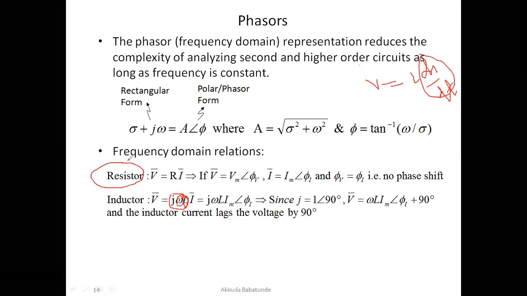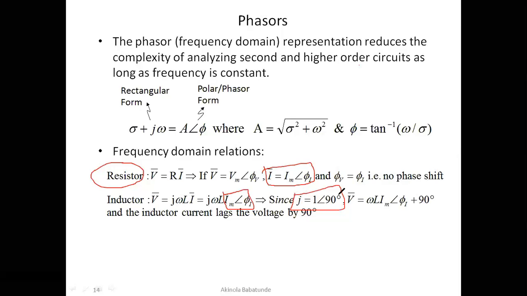So we can go ahead and say that V equals jwLI. Now this I would be equal to Im with the phase angle I, since we already said this is our I. You just put that in here, and it becomes jwL Im with phase I. And we do know that j is equal to 1 with a phase of 90 degrees.